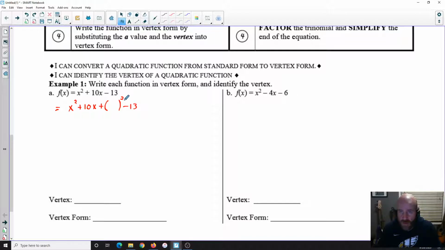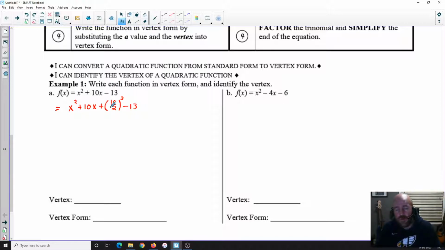If you want to use this, you can write it like this every single time. I'm going to take the b, divide it by 2, and then square it. Think about this: 10 divided by 2 is 5. Then square it, we get 25. So I'm adding 25 to our equation.